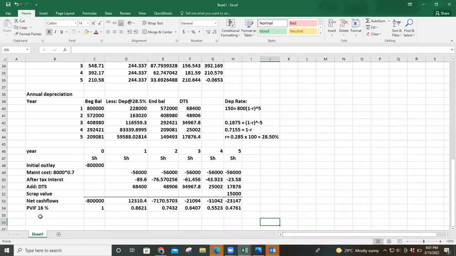We can get our present values, which is the net cash flow times this. And of course, we can get our total present value, our NPV.